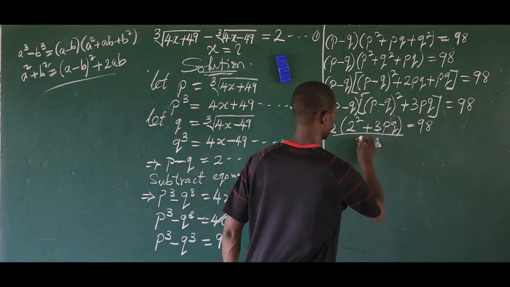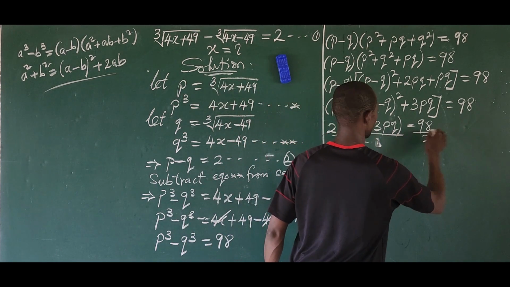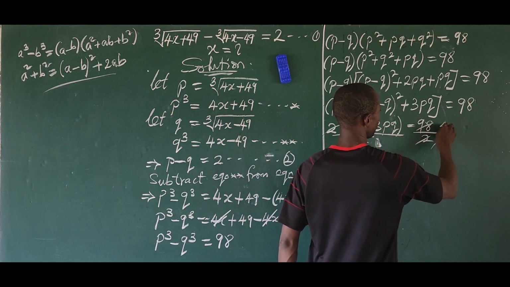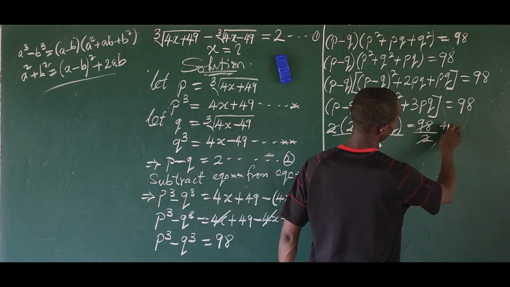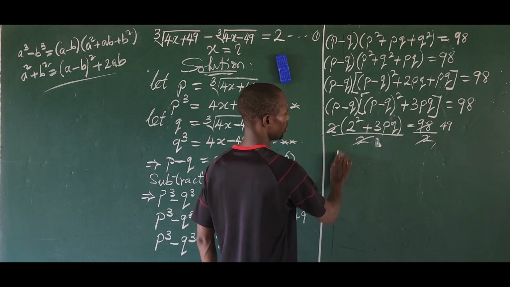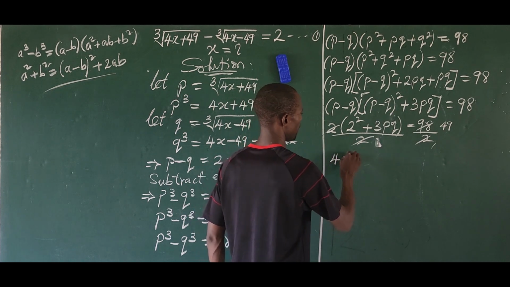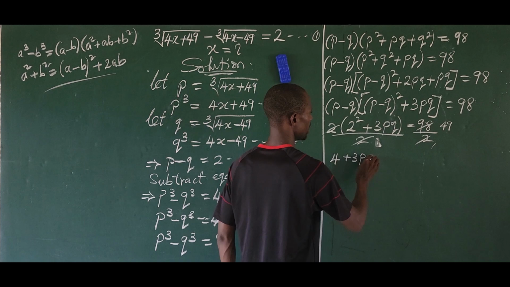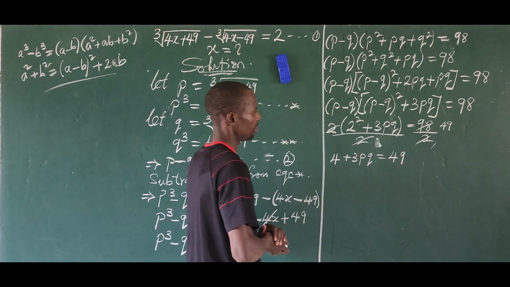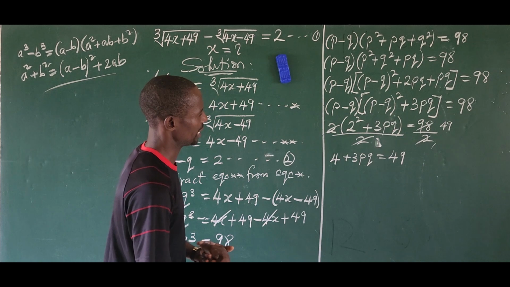Divide through by 2, and this will give us 49. So 2² gives us 4, so we have 4 + 3PQ = 49.